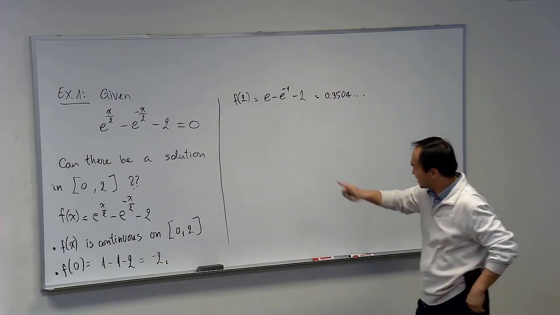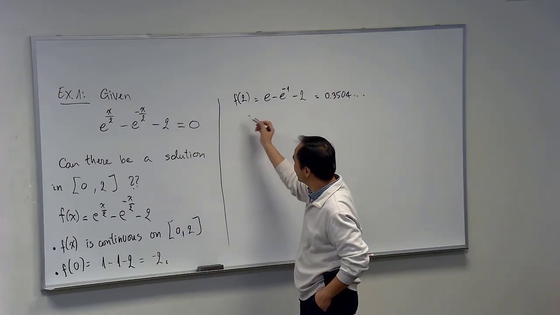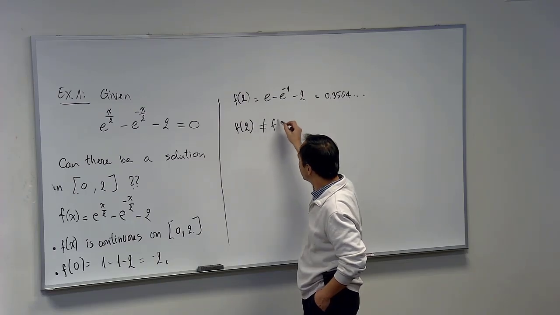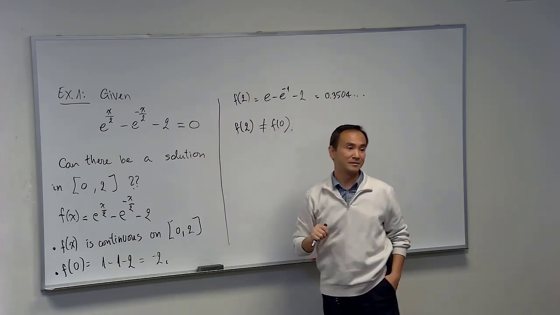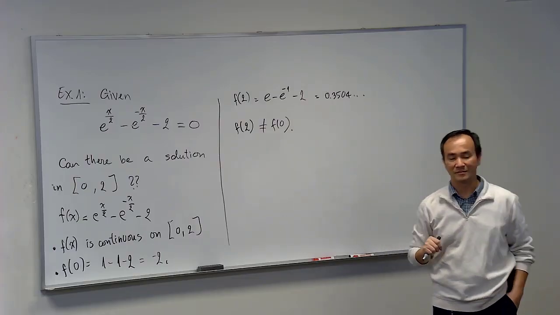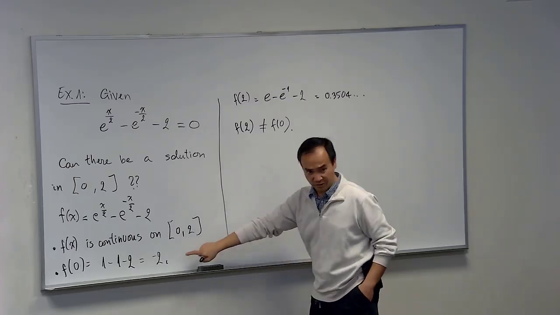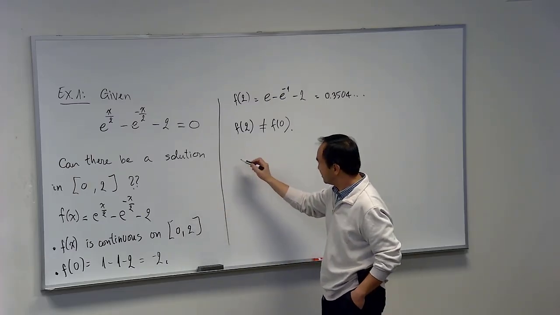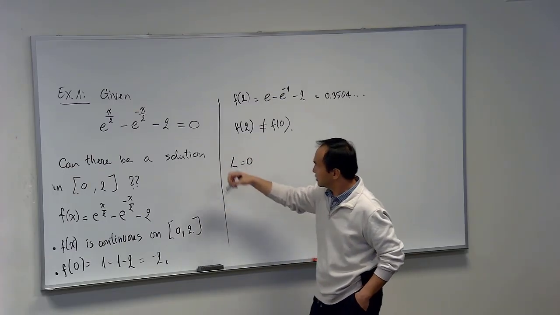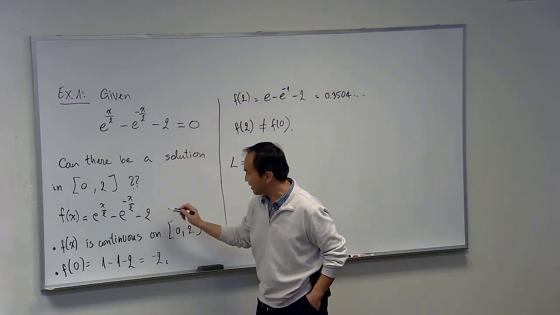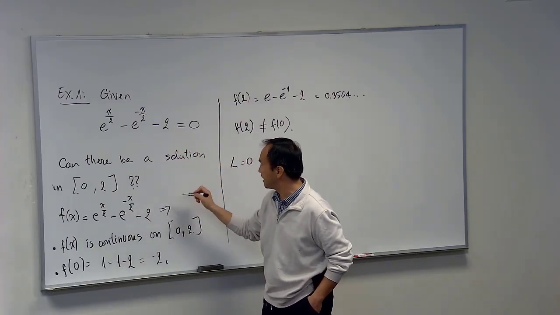The point now is that, obviously, f of 2 is different from f of 0. You guys clear with that, right? And so now L is the value 0, because once we define this equation, it means we have f of x equals 0.